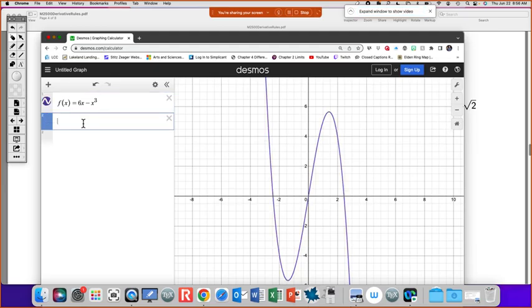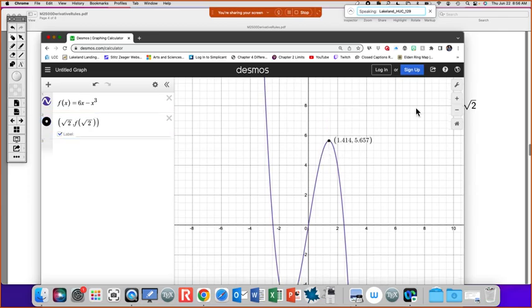And we're looking at root 2. So I'll put in the point square root of 2, comma f of square root of 2, and label that. It's up there. See how it levels out?